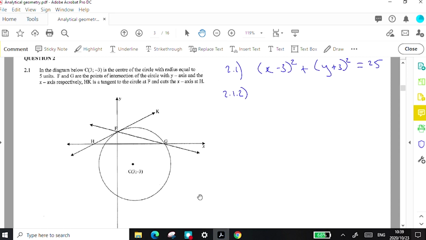If we want to find G, it is when the Y value is 0. G is located when the Y value is 0 of the circle. So we have x minus 3 all squared plus 0 plus 3 all squared is equal to 25.